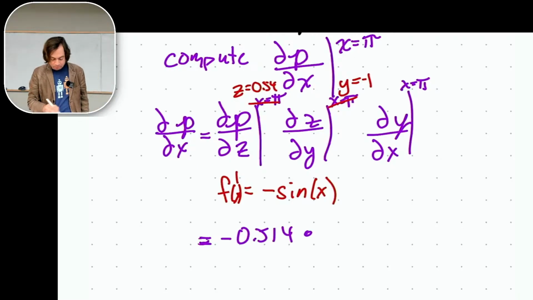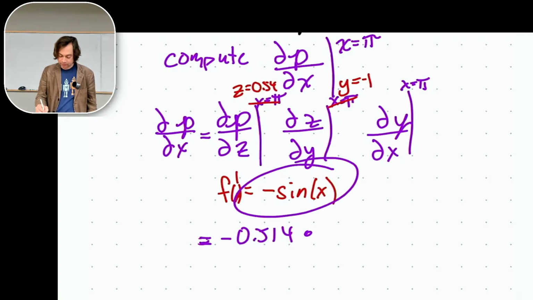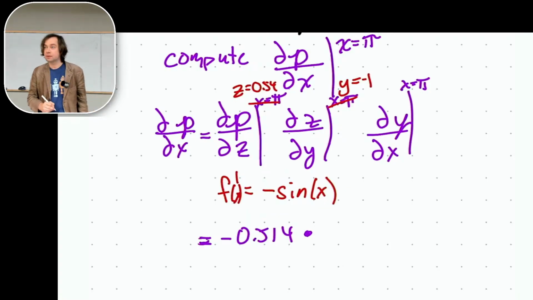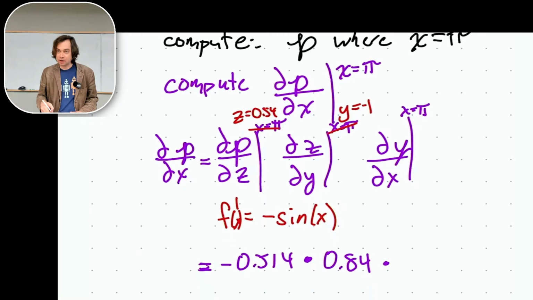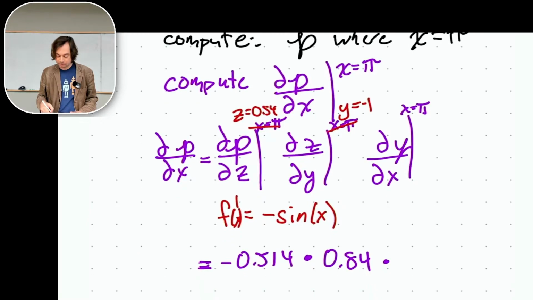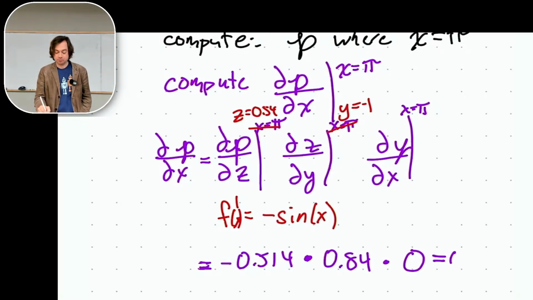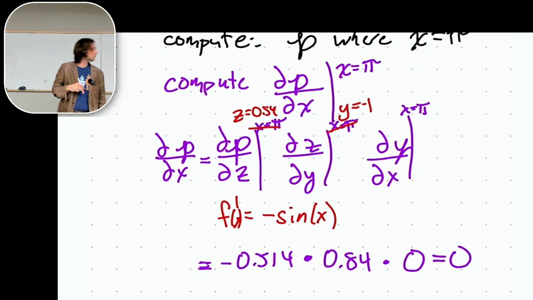Now I need minus sine of -1. 0.84, stop there, and multiplied by minus sine of pi, which I guess is 0. Hope I did that right. All that effort, 0.